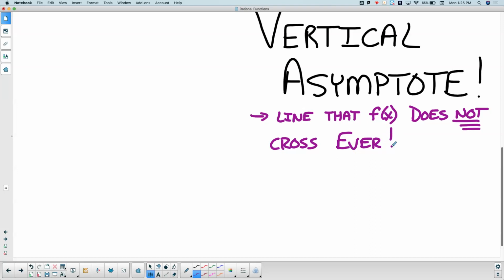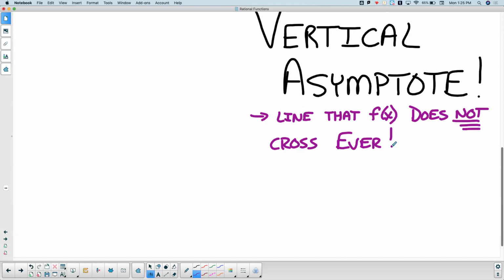Because if it crosses the vertical asymptote, that's saying that that function exists. If my graph crosses over a vertical asymptote, that's saying that this function works at x equals 2. But we just plug 2 in, and 7 divided by 0 doesn't work out.